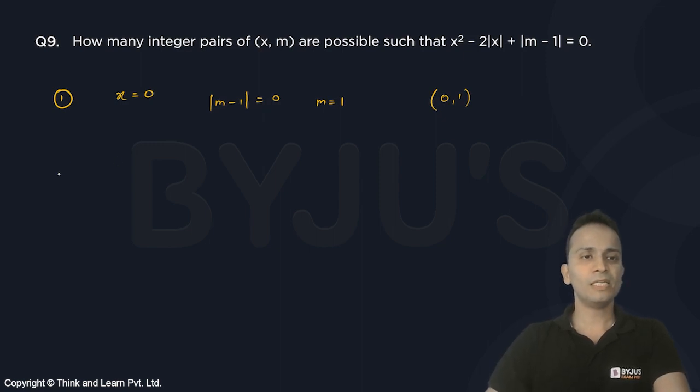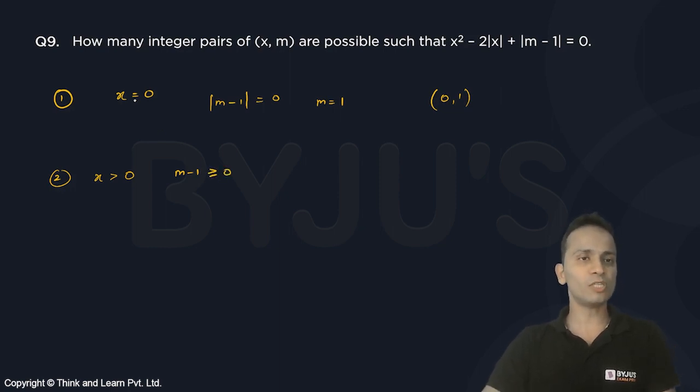Now the next case, when x is greater than 0 and m minus 1 is greater than or equal to 0. So you must have noticed that I have separated x equal to 0, and I'll be considering x greater than 0 and x less than 0, right?